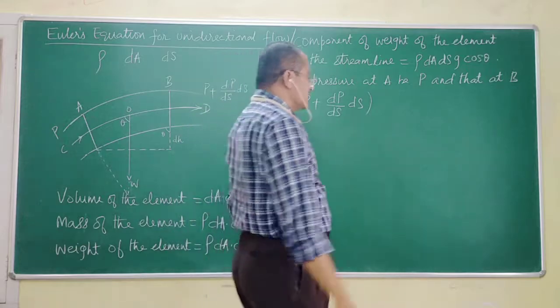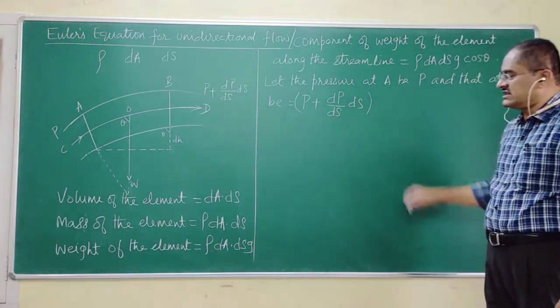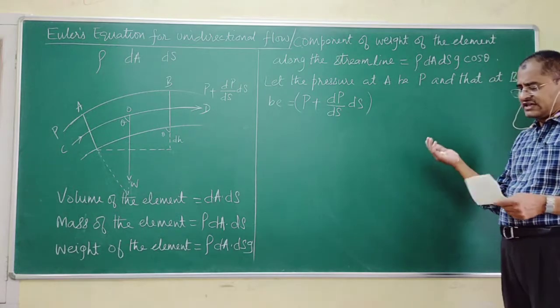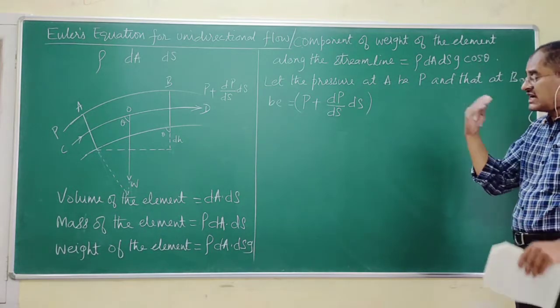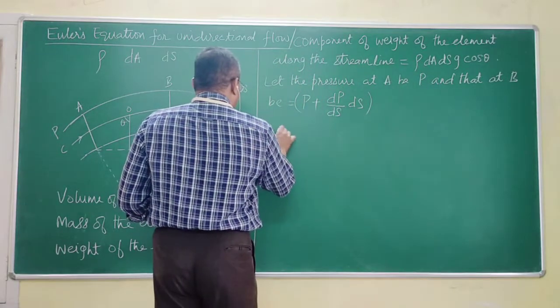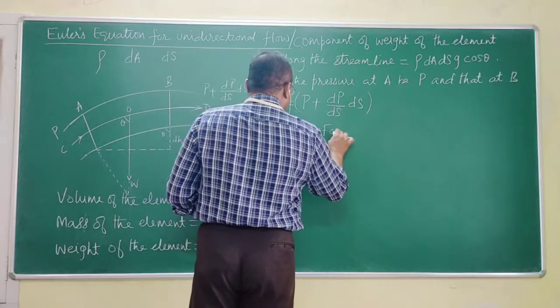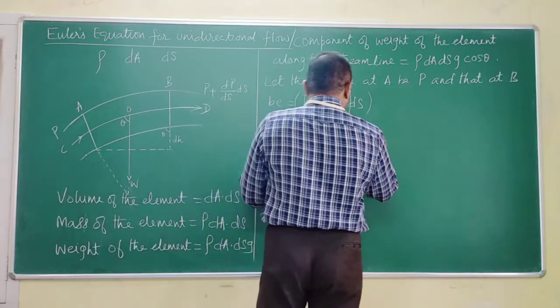So at A the pressure is P, at B the pressure is this much. So we can now find out the resultant force on the element.